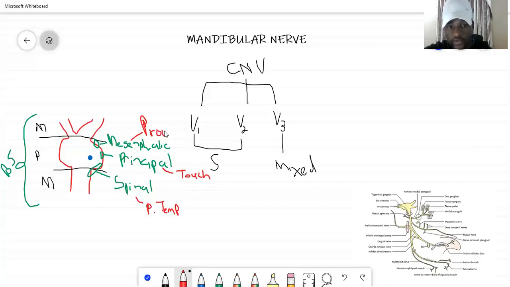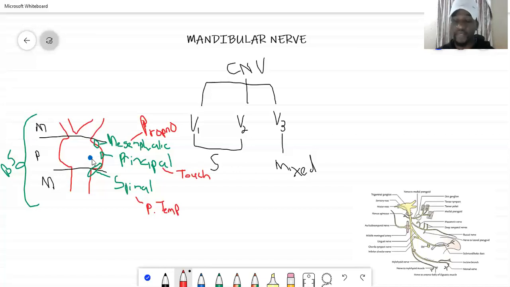I won't write it in full, I just write proprio. So it is your proprioception. And then your motor nucleus, it has to do with, and this one, if you remember quite well, this motor nucleus, its fibers are less compared to the sensory nerves, because the cranial nerve number 5 is mixed.